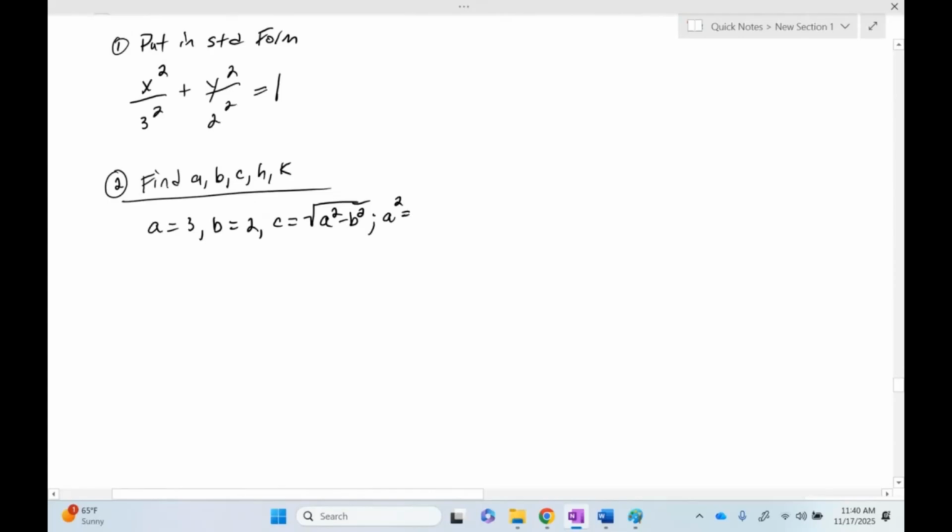A squared is equal to 9. B squared is equal to 4. So C is equal to the square root of 9 minus 4. So C is equal to the square root of 5. Right.